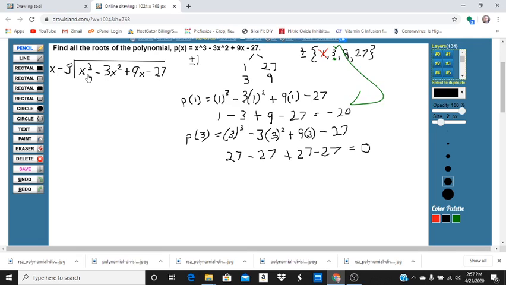We want to know how many times x goes into x cubed. And it goes in x squared times. So x squared times x is x cubed. And we also have to multiply x squared by minus 3, so we have minus 3x squared.